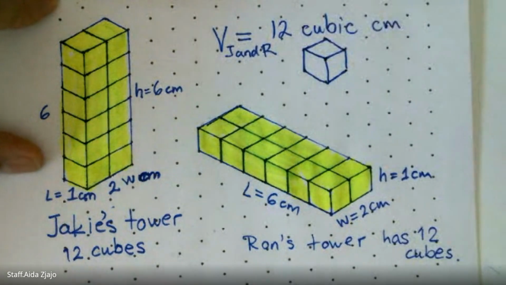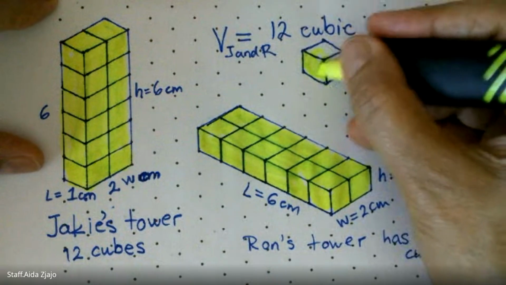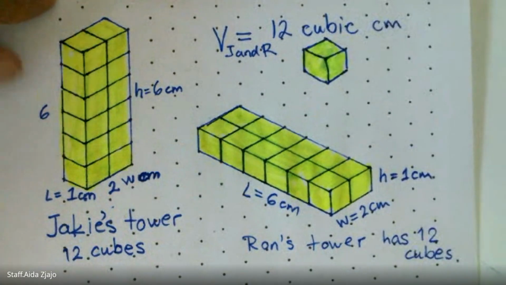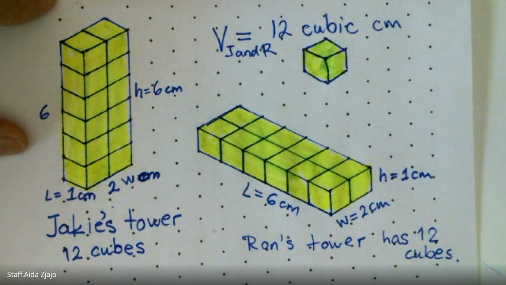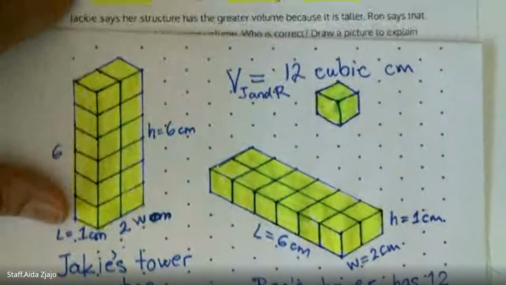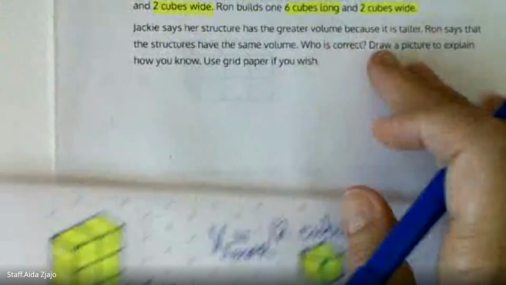So they were made of 12 of these cubes, and each of them did the same. Okay, so when that is written down, we can also write our statement. I can just answer the question here.